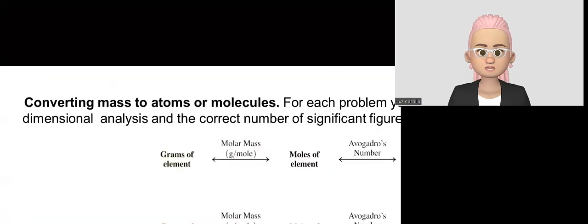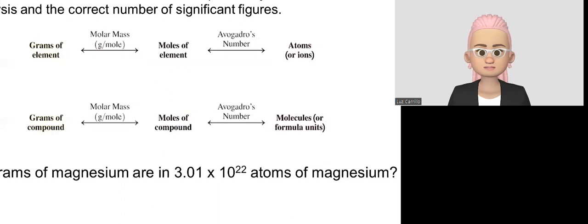In this path, we can observe that we can go from grams of an element to moles of an element and all the way to atoms. We can go from grams of a compound to moles of a compound to molecules of a compound. The two conversion factors that we learned previously, molar mass and Avogadro's number, are what is utilized.